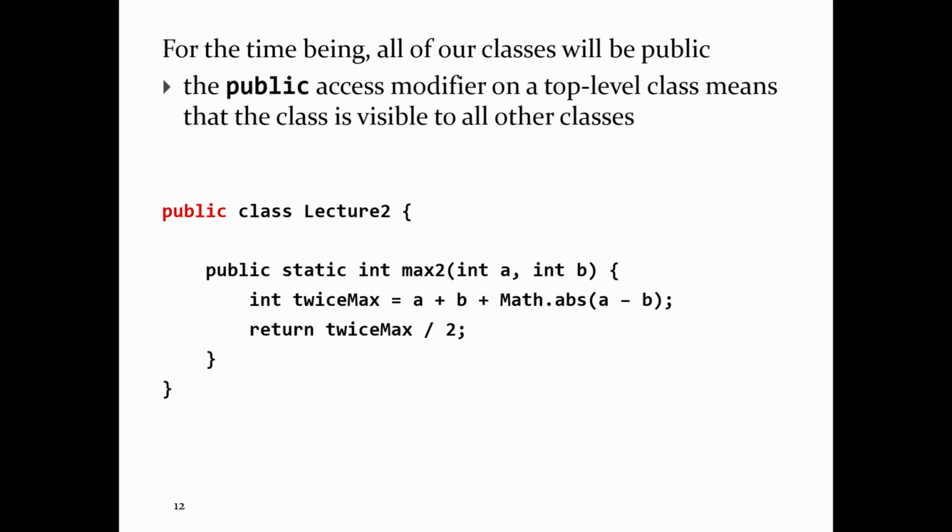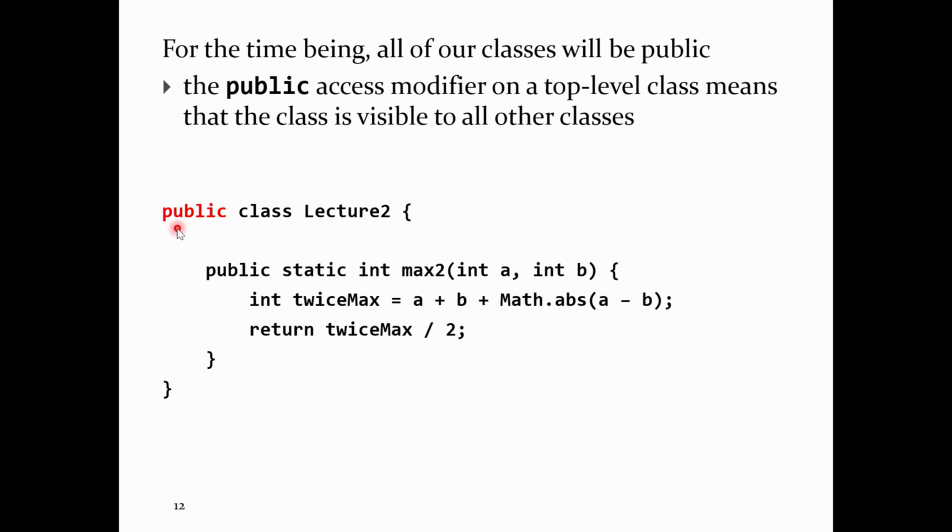Now this class is marked as being public. In Java you have the ability to control the visibility of a class, which you cannot do in Python. So in Java you can mark the class as being public, which indicates that all other classes everywhere can see this class. In other words, lecture 2 is usable by every other class. That's what public means when you mark a class with that access modifier.